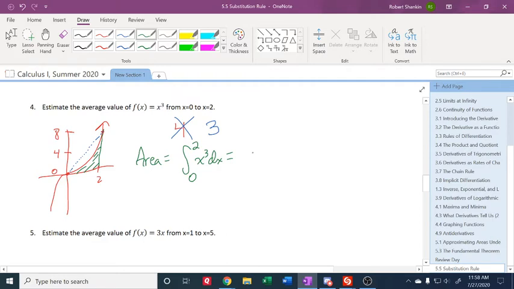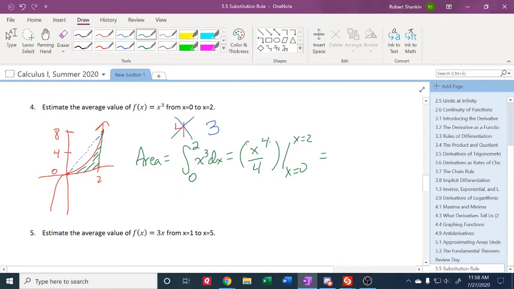Now, the antiderivative of x cubed is x to the 4th over 4, from x equals 0 to x equals 2. When x is 0, that just zeroes out.